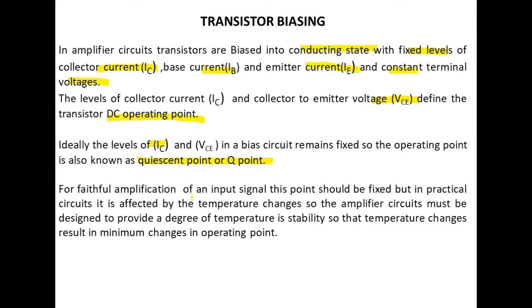For faithful amplification of an input signal, the Q point should be fixed, but in practical circuits it is affected by temperature changes. So amplifier circuits must be designed to provide a degree of temperature stability so that temperature changes result in minimum changes in the operating point.